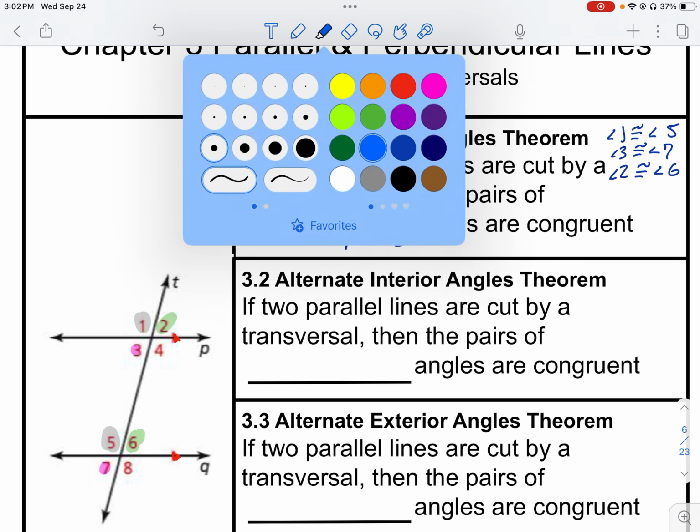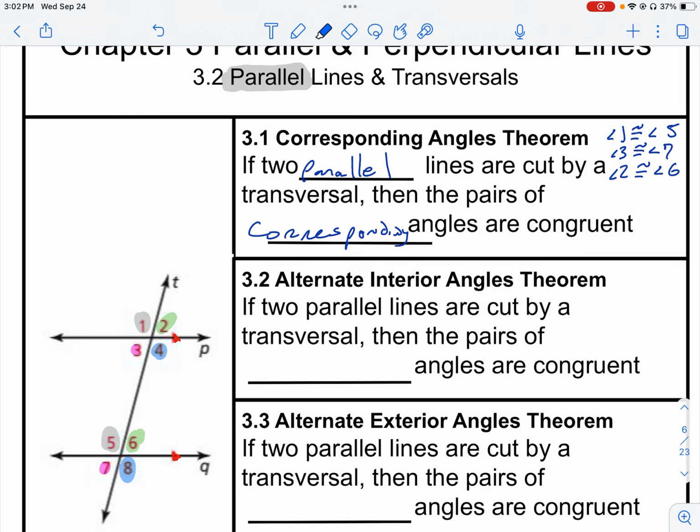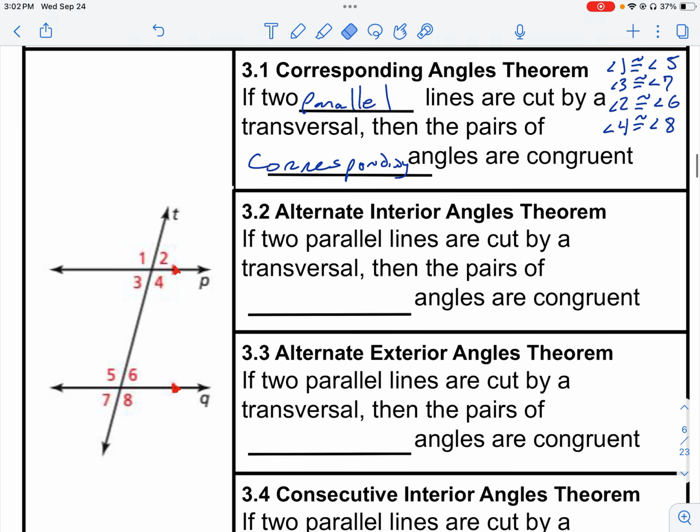And not to be outdone, angle 4 and angle 8 are also congruent. Corresponding angles in parallel lines cut by a transversal are going to be congruent. That's what that tells us.